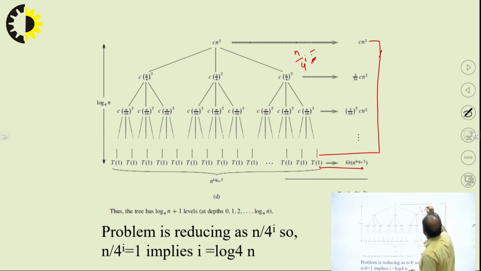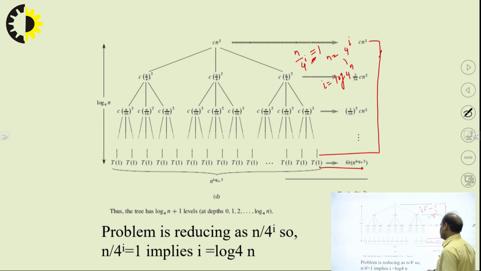Now this can be equal to 1, so n equals 4 to the power i. From here we can say that i equals log n base 4.